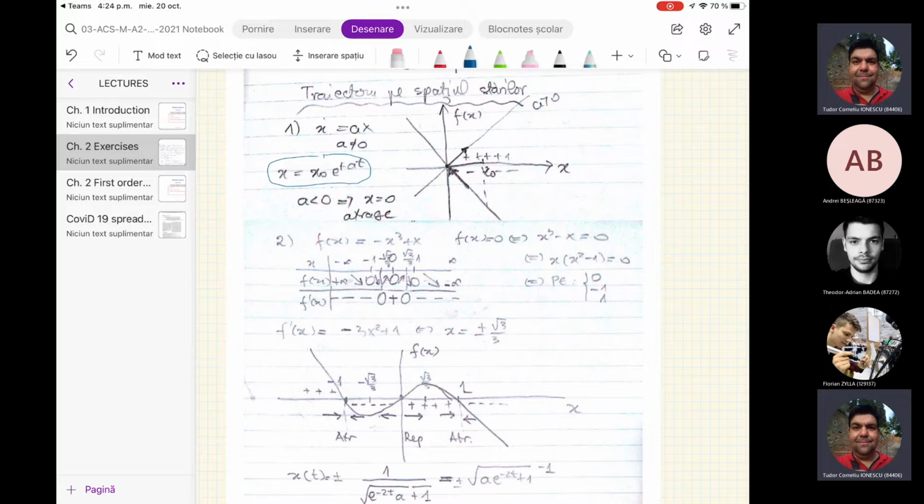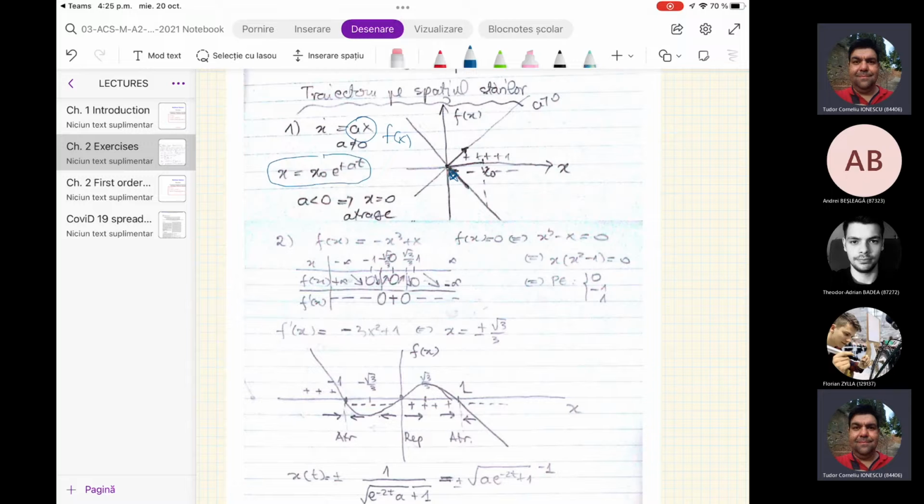If a is negative, look at this, it is very interesting. Look at the plot f of x versus x. F of x here is ax. And since a is negative, the slope is negative. We know that from simple geometry. When the slope is negative, zero is an attractor, so zero is stable.